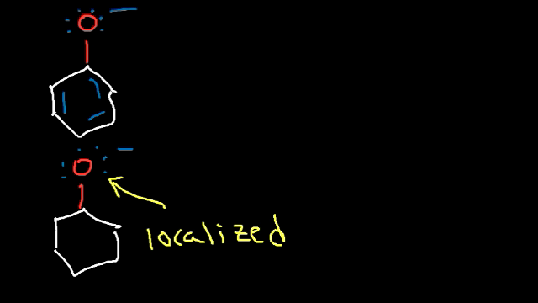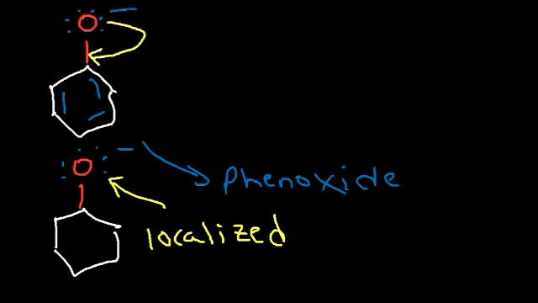The oxygen bears the entire negative charge. But in the conjugate base of phenol, which is called the phenoxide ion, the oxygen doesn't have to bear the negative charge by itself. The negative charge can move around the ring. This lone pair can form a double bond and push a pair of electrons on that carbon. And so we can draw this resonance structure.